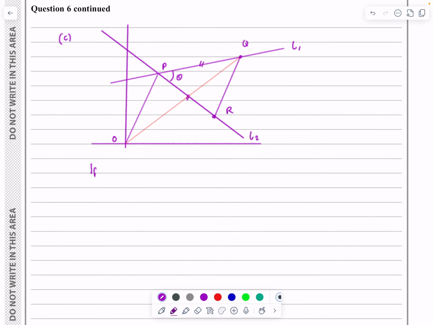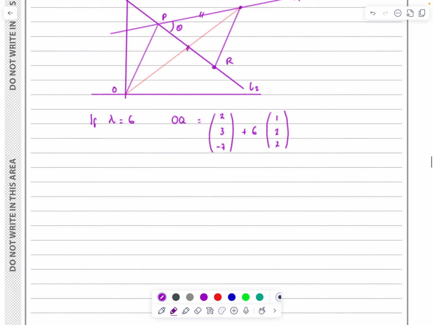So if lambda is equal to 6, then OQ is going to give me (2, 3, -7) plus 6 lots of (1, 2, 2). Okay, so that then works out to be (8, 15, -1).